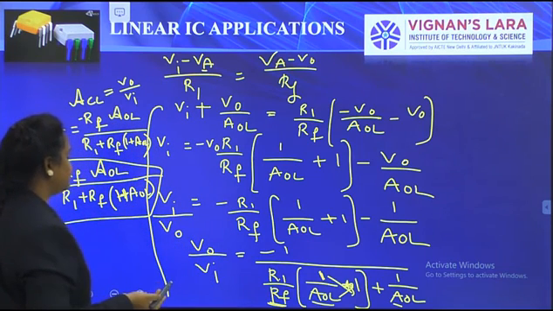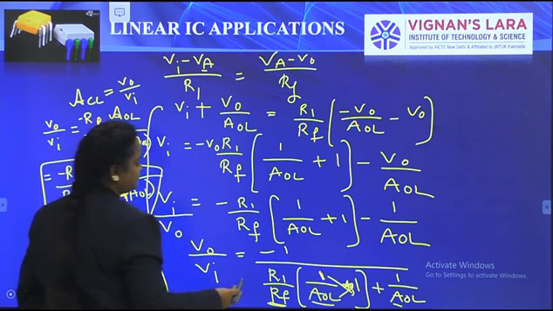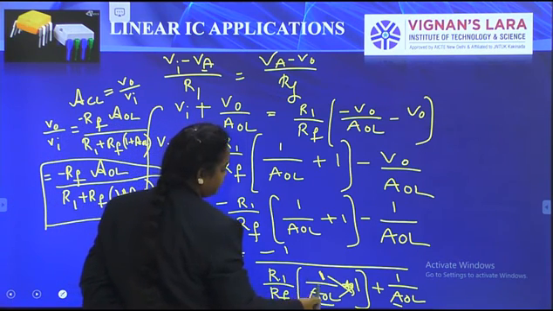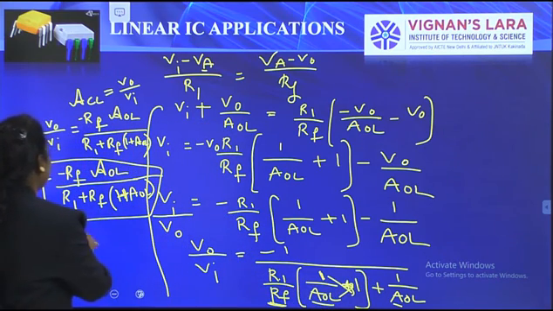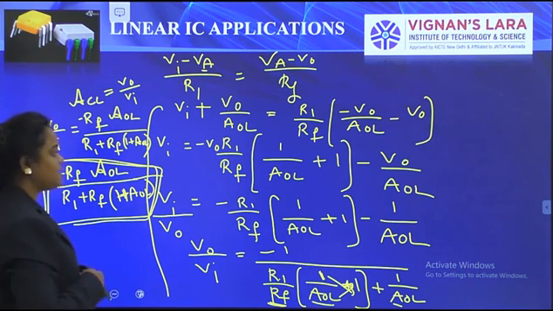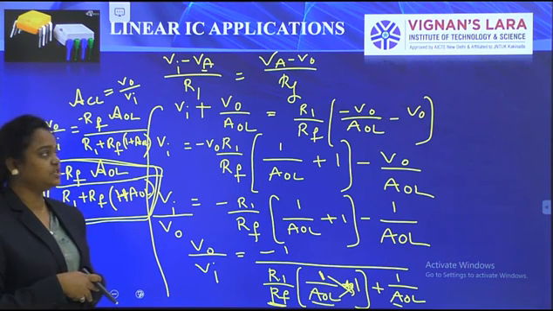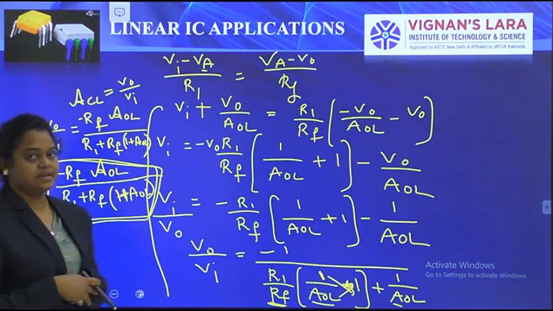Voltage output by voltage input is called gain, so V0 by Vi is equal to minus 1 by R1 RF, and this gives the output of the practical inverting amplifier. So this is about the practical inverting amplifiers. Tomorrow's class I am going to explain another concept, which is input resistance and output resistance of amplifiers. Thank you.